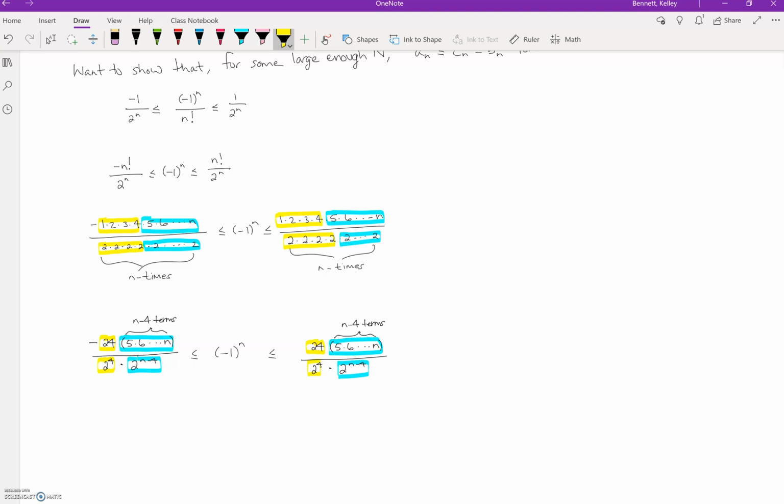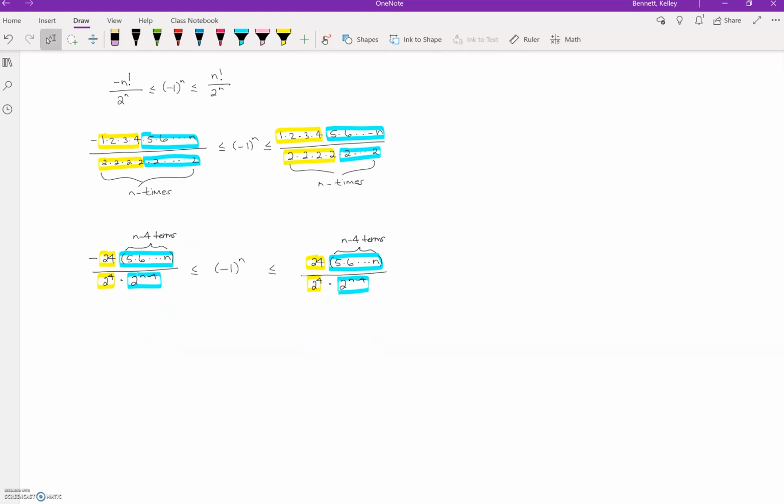So the cool thing about 24 over 2 to the 4th, that's 24 over 16. So really what I get is if I take 24 divided by 16, I can write that as negative 1.5 times 5 times 6 times all the way up to n over 2 to the n minus 4.